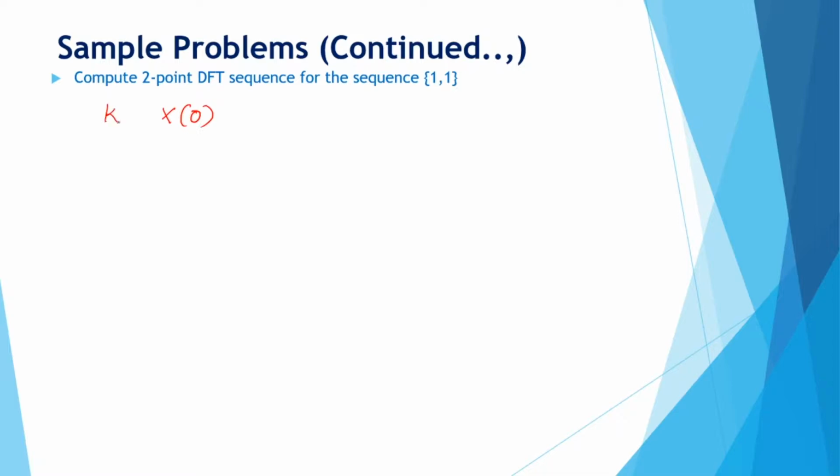Now when you substitute k as 0, what will happen to the equation? X of 0 is equal to x of 0 plus x of 1 into e power minus j pi k.